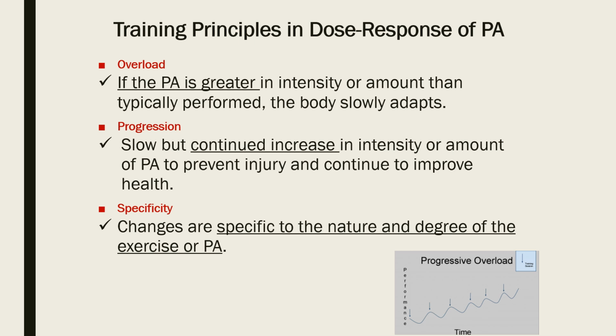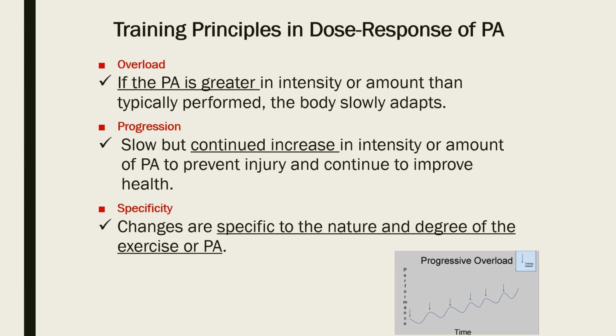However, for overload to produce health benefits rather than injury, it needs to be applied gradually in small increments through a process called progression. If the overload is increased too quickly, it can lead to strain or injury, resulting in negative health outcomes. For example, individuals who have been very inactive should begin by walking at progressively faster speeds over weeks or months rather than immediately starting a jogging program.